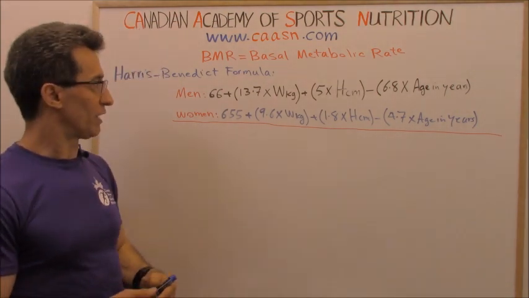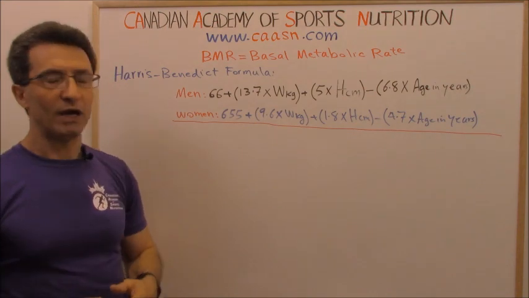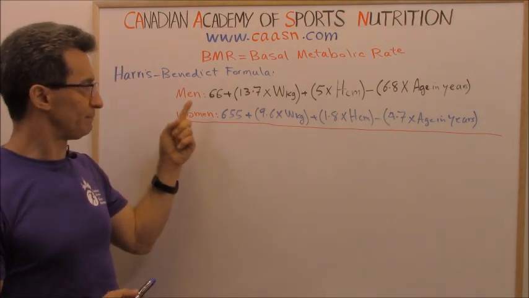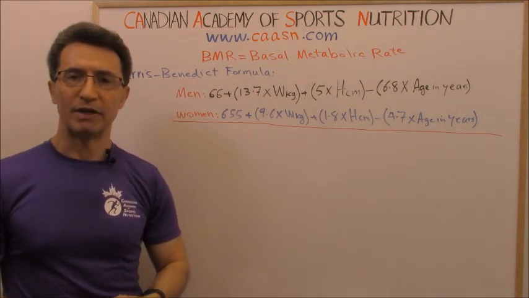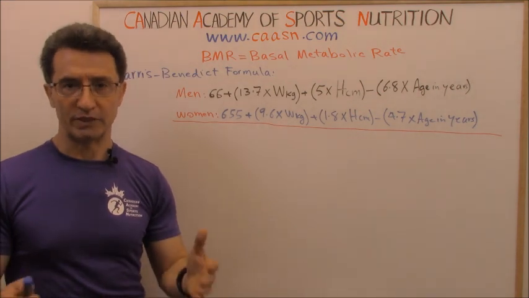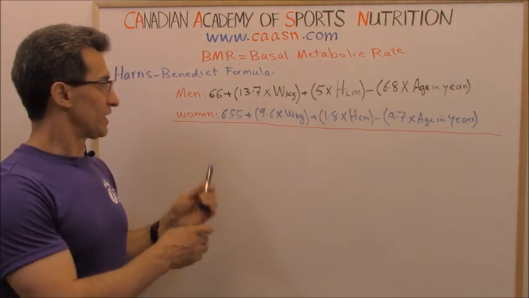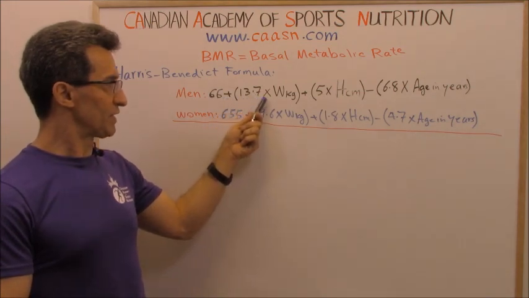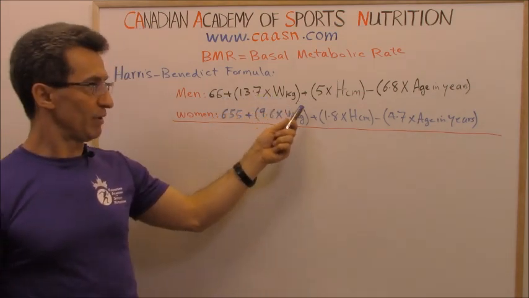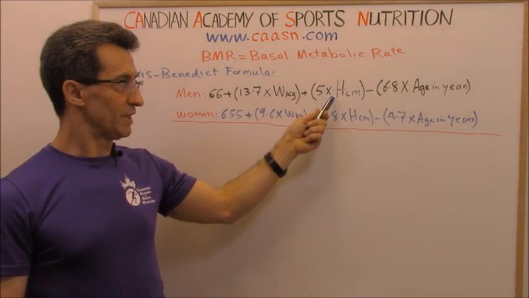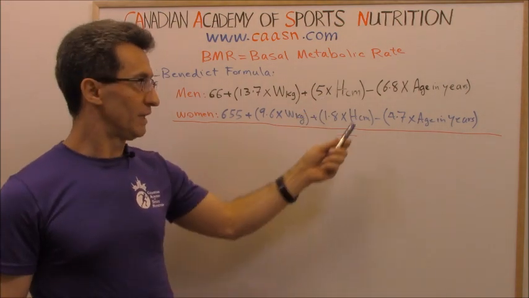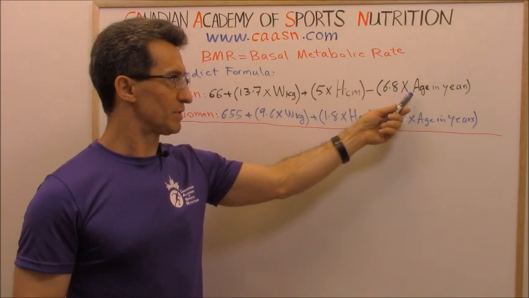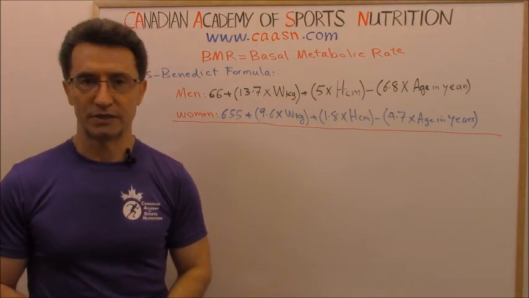If you are unable to see it, I'm going to read it for you. For men, here is the Harris-Benedict formula to calculate basal metabolic rate: 66 plus 13.7 times your weight in kg plus 5 times your height in centimeters minus 6.8 times your age in years.